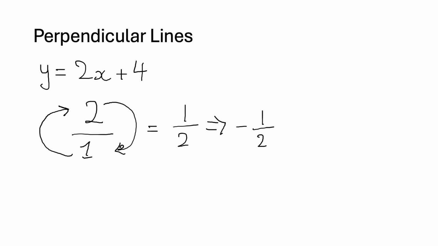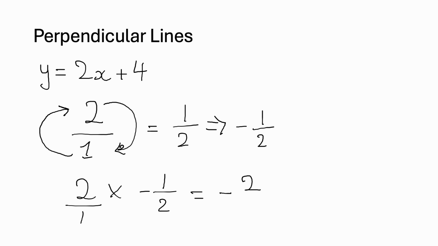And then to further prove that they are perpendicular to each other, the two gradients, if we multiply the 2 times negative a half, we should get minus 1. So 2 is the same thing as 2 over 1. Positive times negative makes a negative. 2 times 1 is 2.